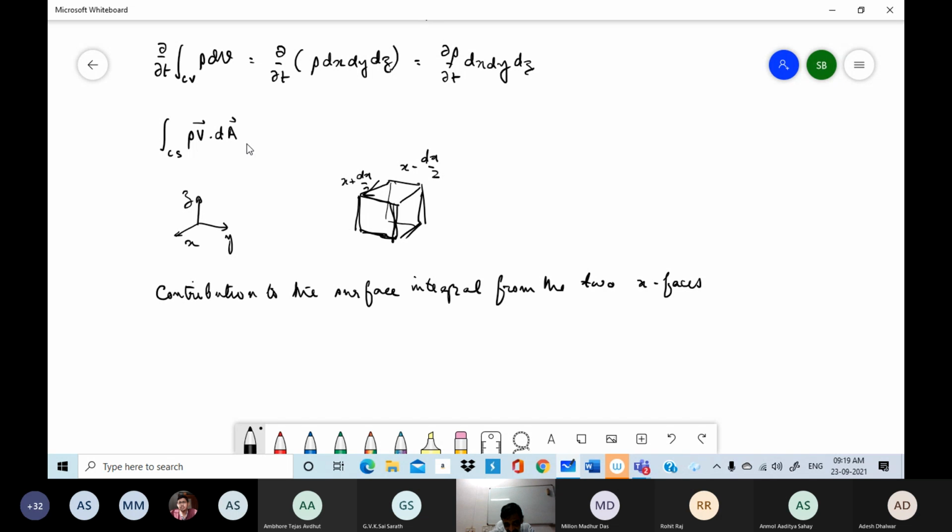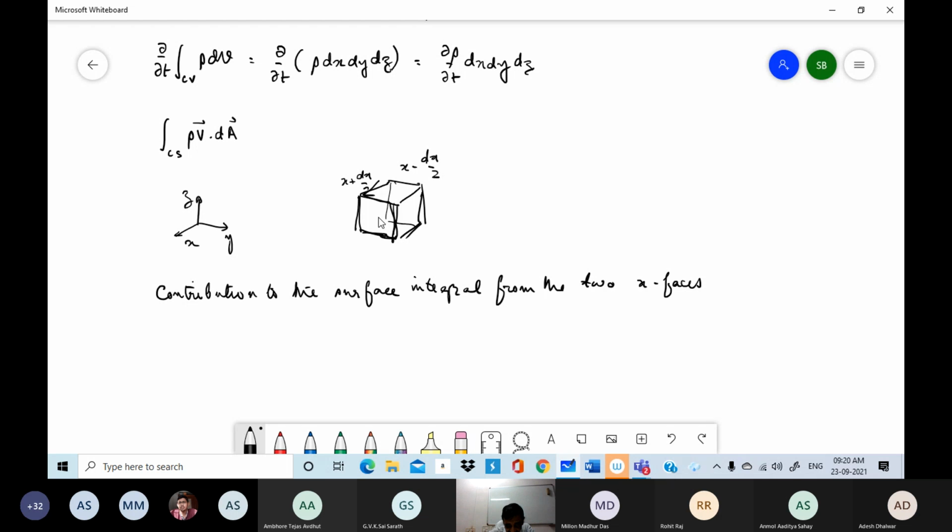Now dA is a vector which points in the outward direction. When we derived the Reynolds transport theorem, that was the convention we used, that on the control surface, the vector A always has the direction of the outward normal.